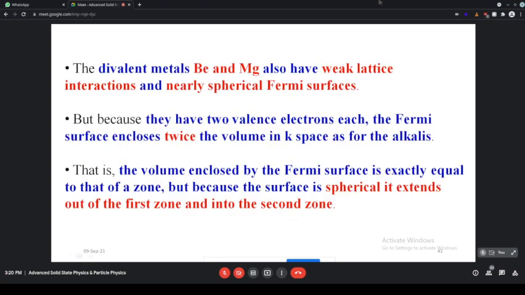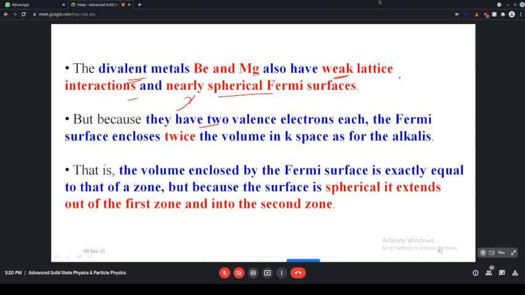Therefore, if you consider a divalent metal, suppose beryllium, magnesium, even with very weak lattice interaction, the Fermi surface will be spherical, but not exactly spherical. That is nearly spherical, although these two contain two valence electrons.